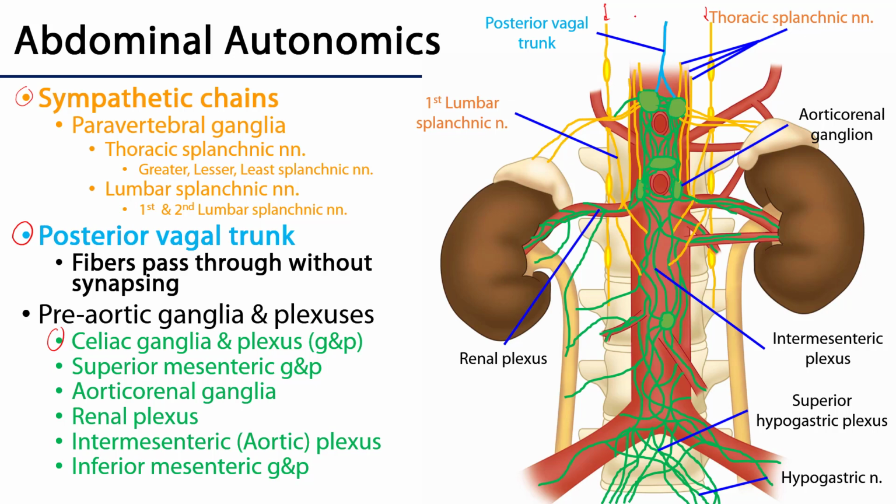Also descending down from the thorax are, on either side, three thoracic splanchnic nerves.